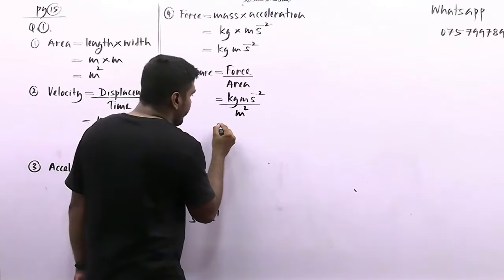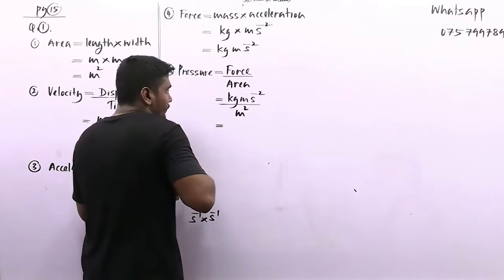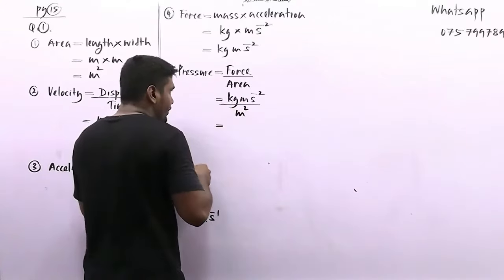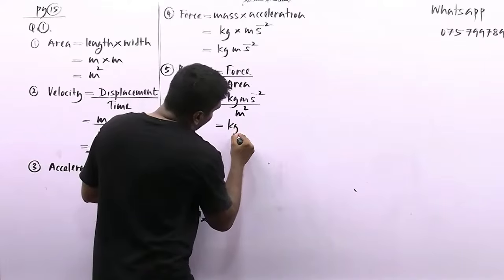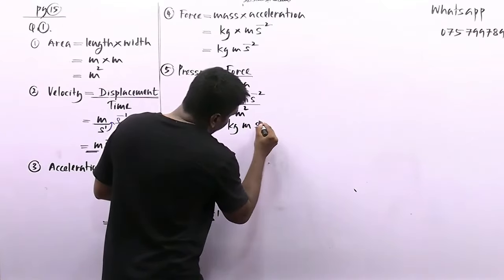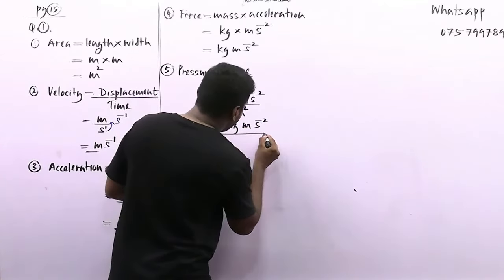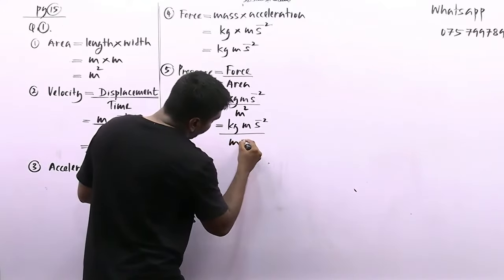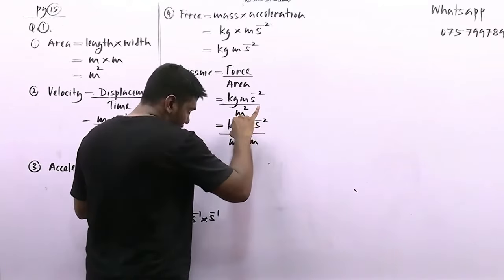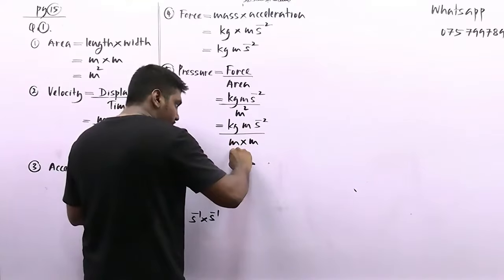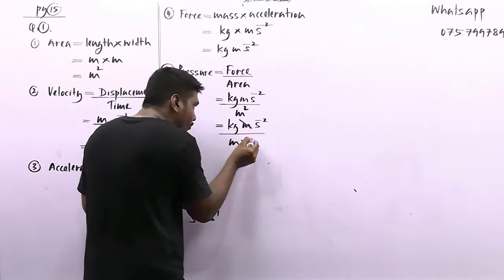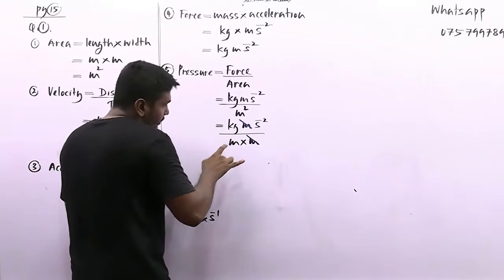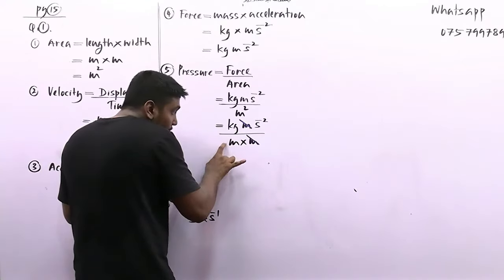Then we know, look here, one m will cancel out. If I expand this meter squared, kg m s to the power minus 2 over meter squared, we all know meter squared means m into m. When one m cancels out, the remaining m is at the denominator.